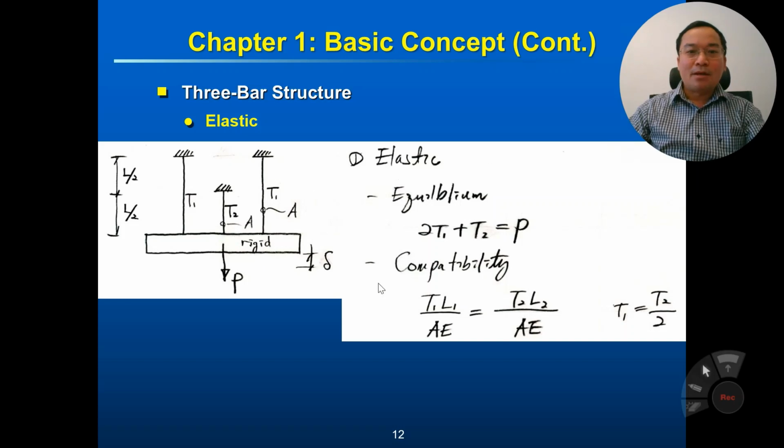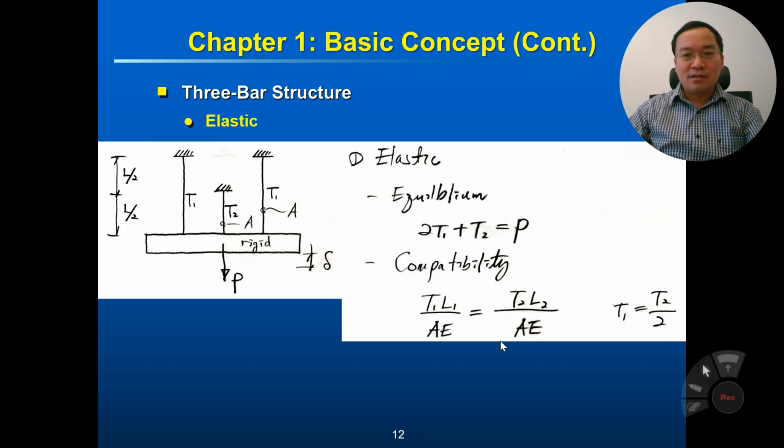Compatibility. It means the deflection in T1 should be equal to the deflection in T2 and equal to theta. It means the deflection T1 L1 over AE should be equal to the deflection in T2, L2 over AE.